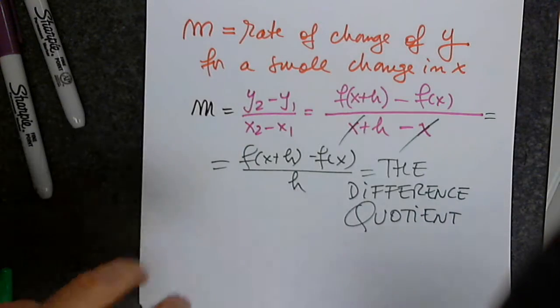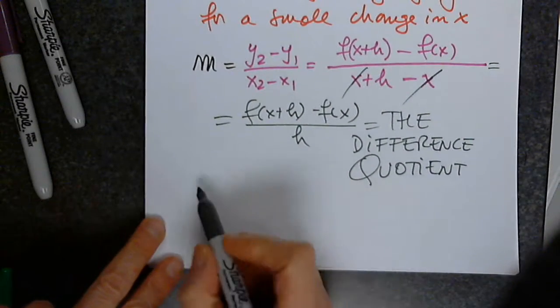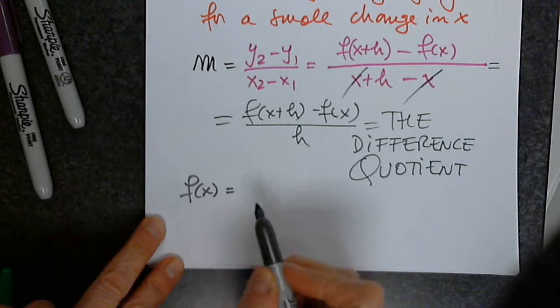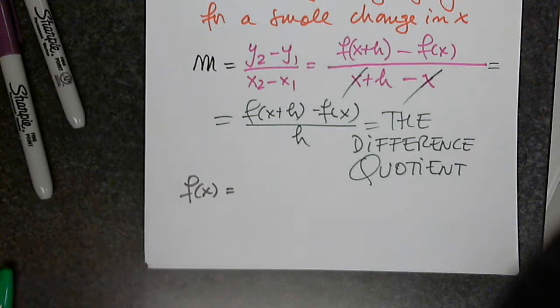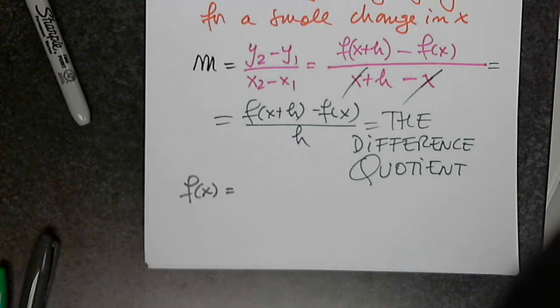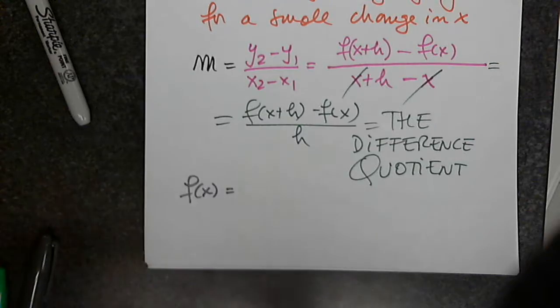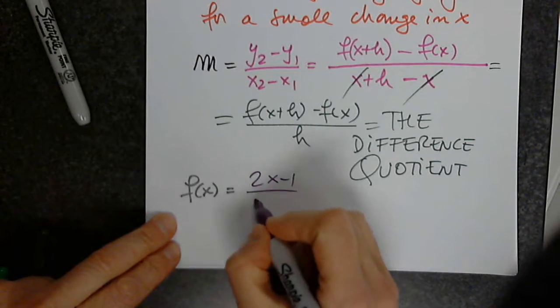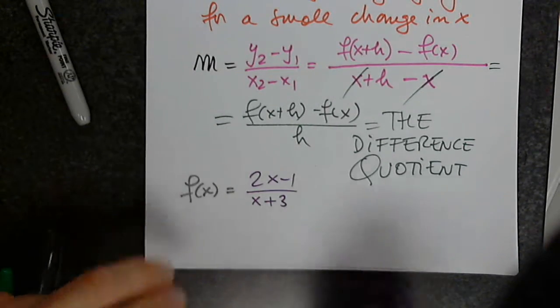Good. So now, give me any function you want. It can be quadratic, radical, rational, any function you can think of. Okay, 2x minus 1 over x plus 3.